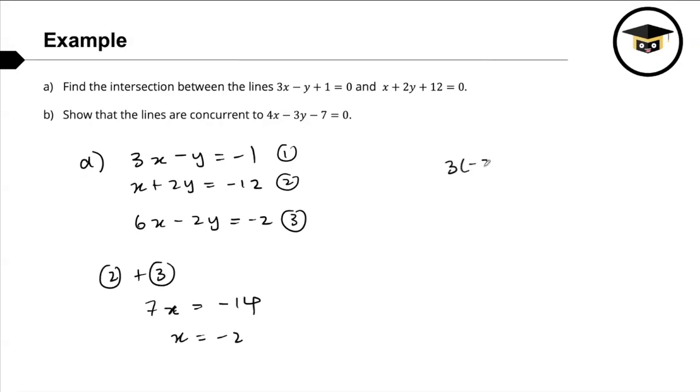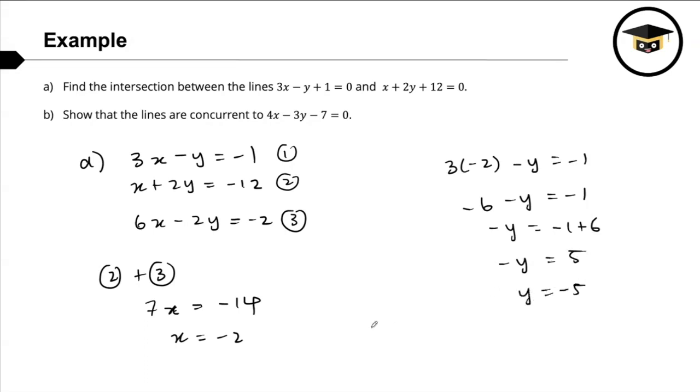So 3 times negative 2 minus y equals negative 1. That's negative 6 minus y equals negative 1. So negative y equals negative 1 plus 6, so negative y equals 5. That means y is equal to negative 5. Therefore, our point of intersection is (negative 2, negative 5).